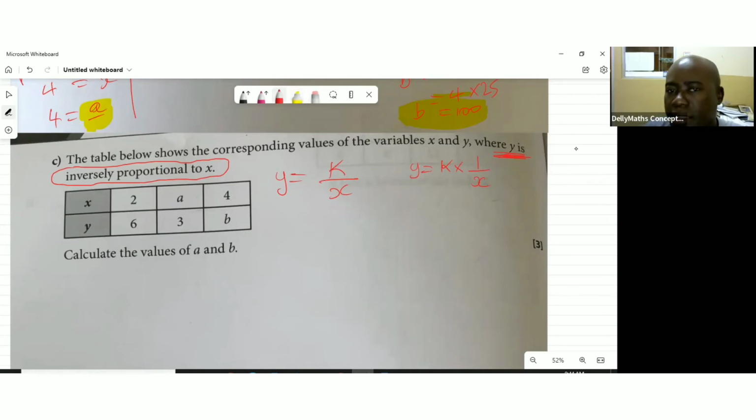If we simplify this, you can see why I gave it as this, because definitely this x will function as a denominator. So if you simplify this, you're getting y is equal to k over x, and that is why I start off with this as the formula.